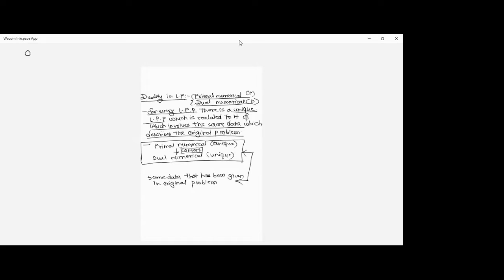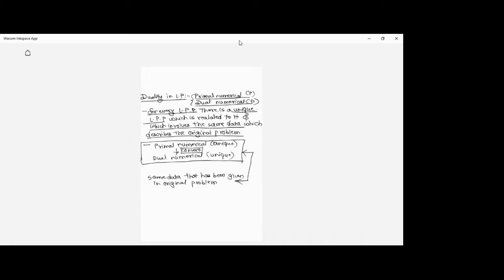So it is just the conversion of the original numerical into another, called a dual numerical, which uses the same data as given in the original problem. Now why is this required, why convert one original problem into another unique dual numerical problem, and why is there a need for it?